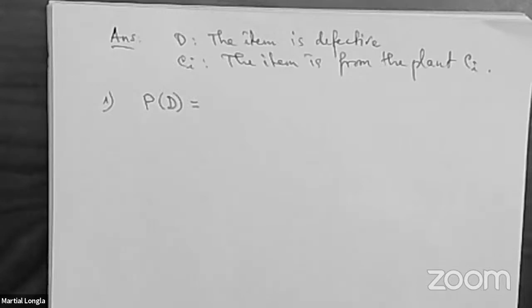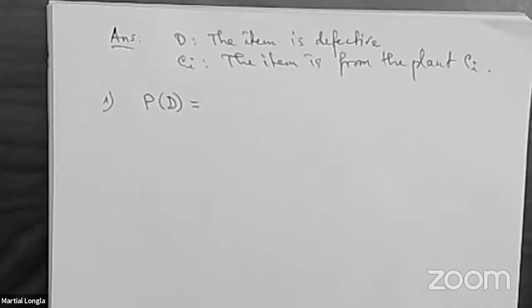That's the law of total probability, correct? Because we know the sample space in this case splits into 3 parts, and we know what happens at each of the parts. That's why it's the law of total probability. We have C1 separately, C2 separately, C3 separately. Things are happening there, and we want to combine them.